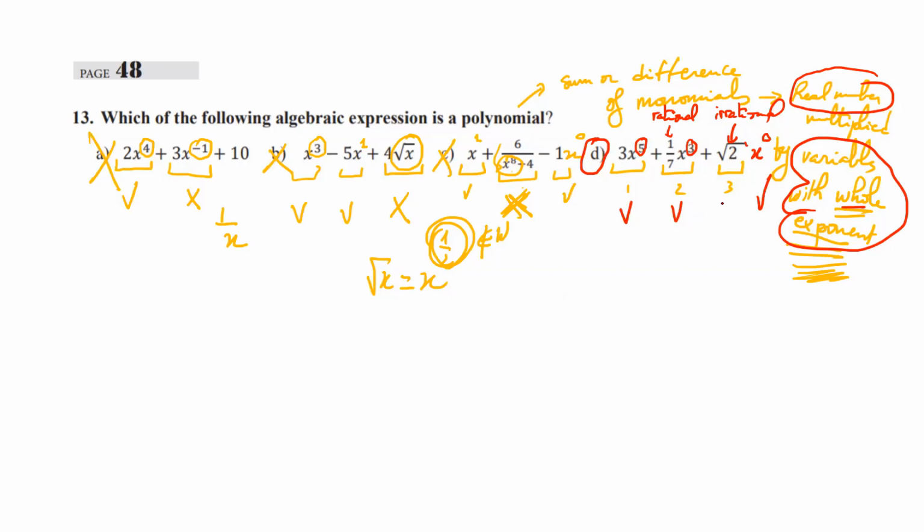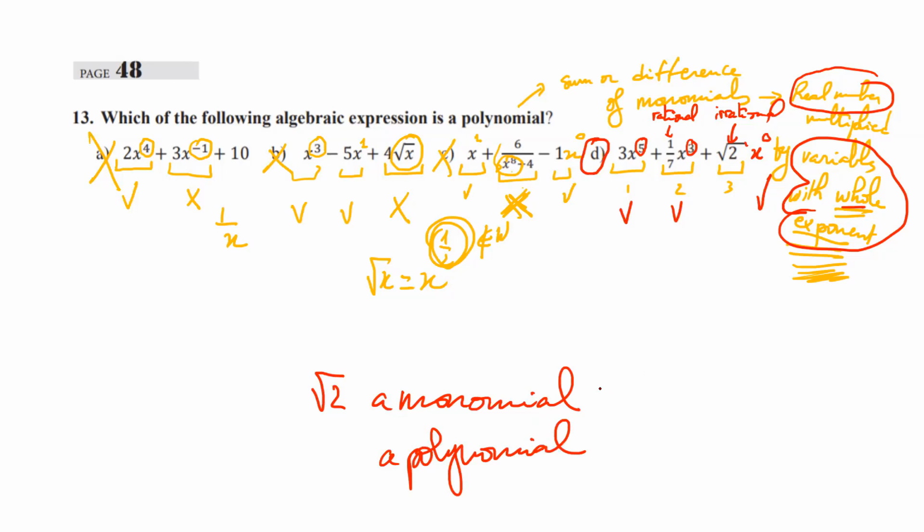Okay. Constant terms are monomials. This is a monomial. So it's a polynomial. What is its degree? Degree 0. Then constants are polynomials.